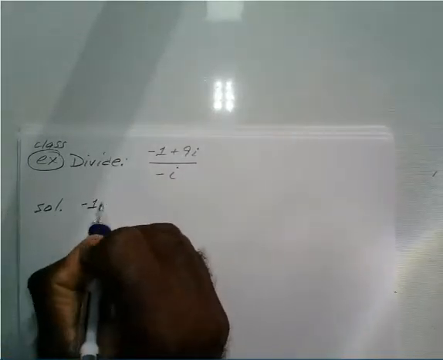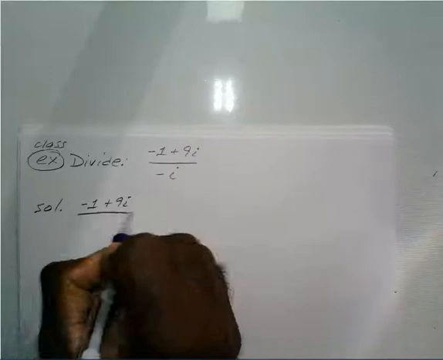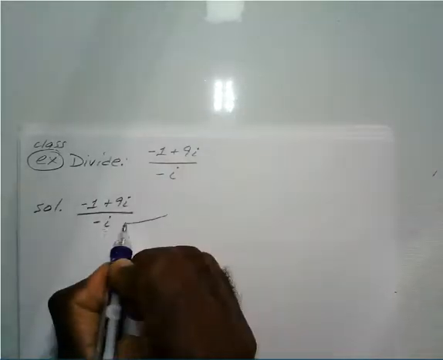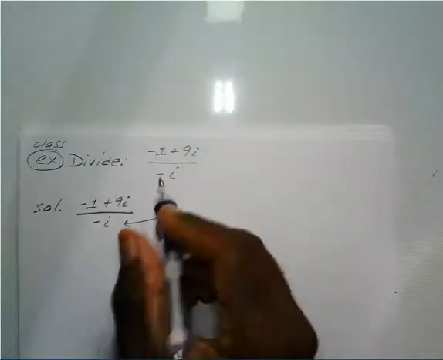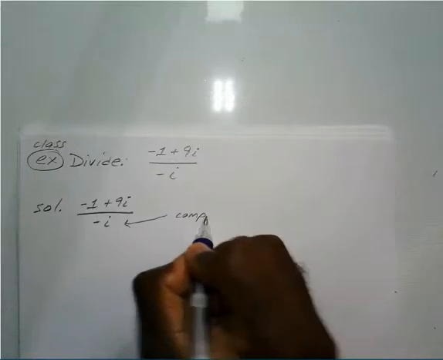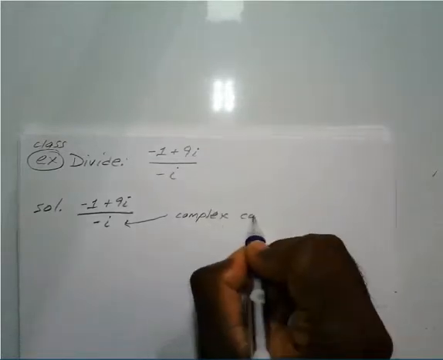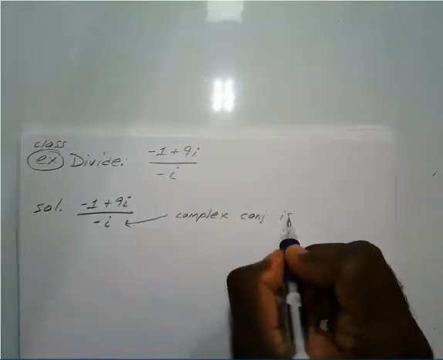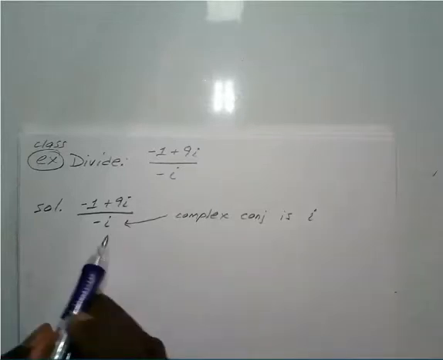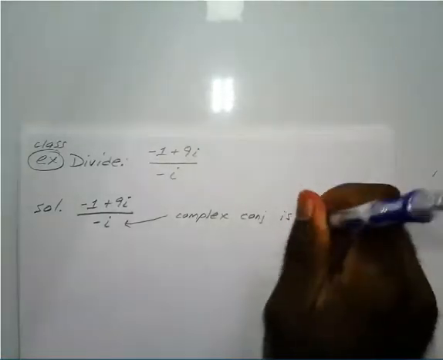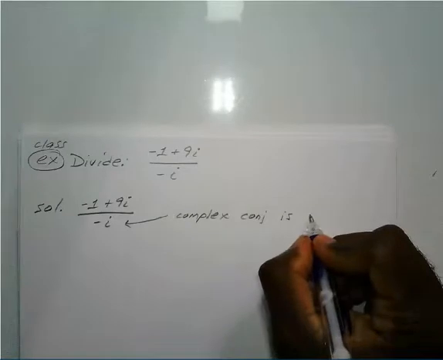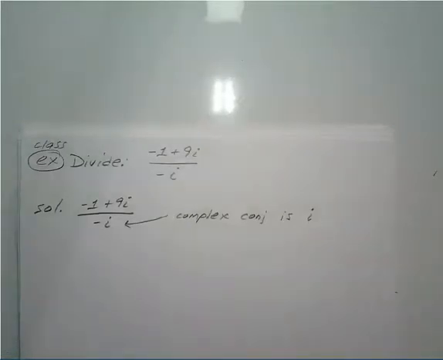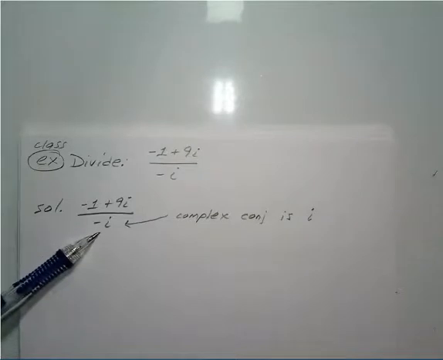you have negative 1 plus 9i over negative i, and you have your denominator there. And your complex conjugate of your denominator is i. Okay, because remember, you're just changing the sign in front of the complex value.